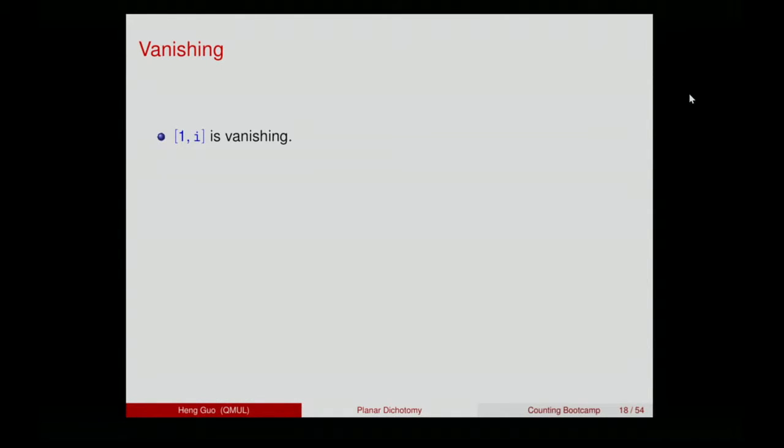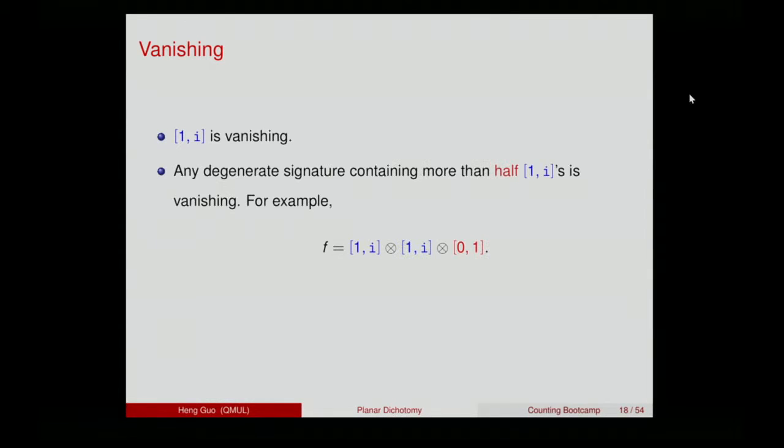Okay, more seriously. The first observation is that 1i is vanishing. This is very simple. You do a dot product of two 1i's, you always get 0. And we can do something more complicated. Suppose we have a degenerate function, which means it can be decomposed into a bunch of unary ones, and suppose more than half of these unary ones are 1i.